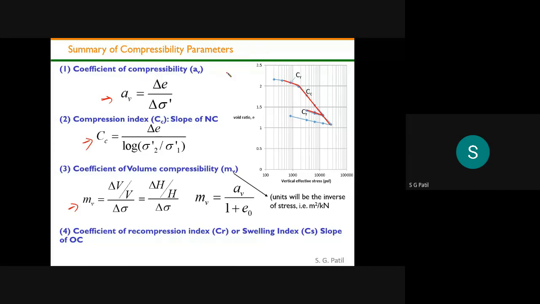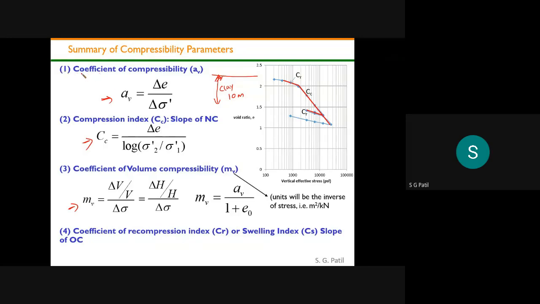If you have a ground like this, suppose this is a clay of thickness some 10 meter, and I want to find out the consolidation settlement in this layer, first I have to collect the soil sample from this area, and then do some consolidation test in the laboratory, and then arrive at these parameters.